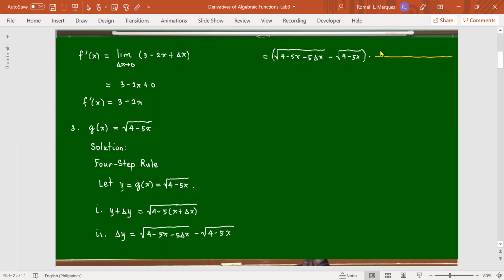We multiply by the conjugate, no? Because this is the technique that we are doing when dealing with limits. Because later we're going to have the limit of this quotient. So we form this plus square root of 4 minus 5x. So this is the conjugate. So we multiply also the denominator.